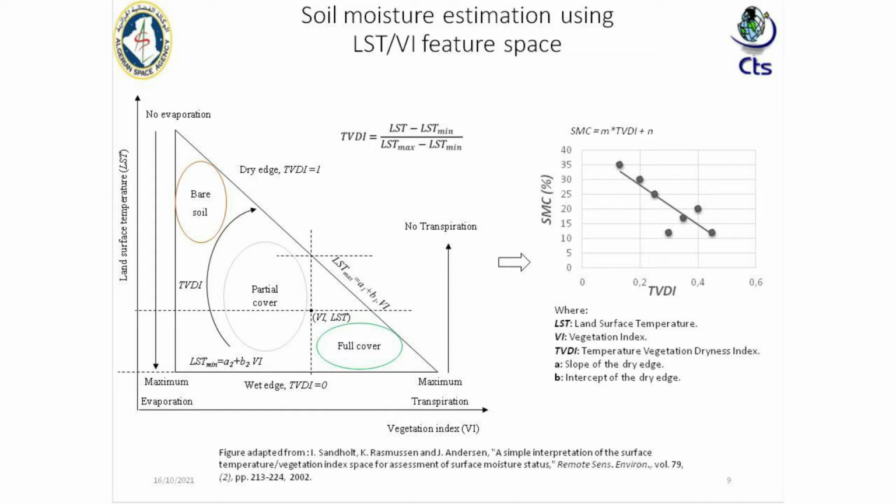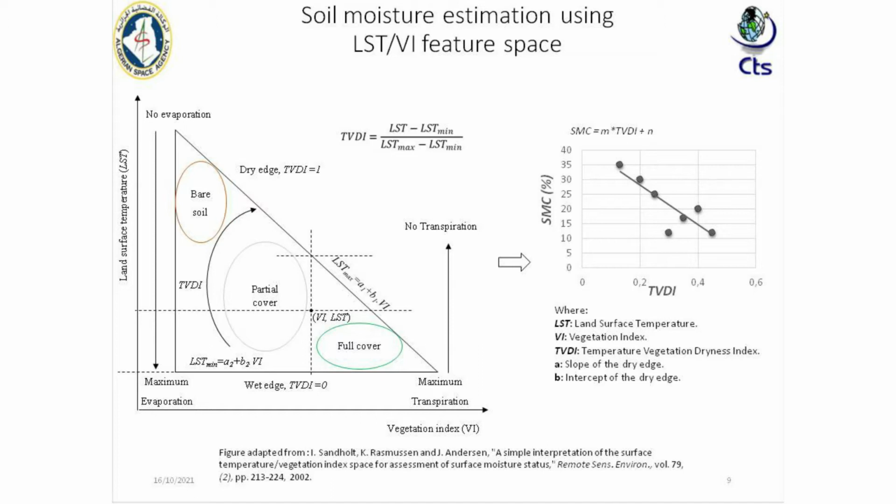And obviously, the methods that I presented up till now are all passive sensors, so they use the sun's energy to estimate stuff. But those kinds of sensors have a problem in terms of cloud coverage and nighttime.